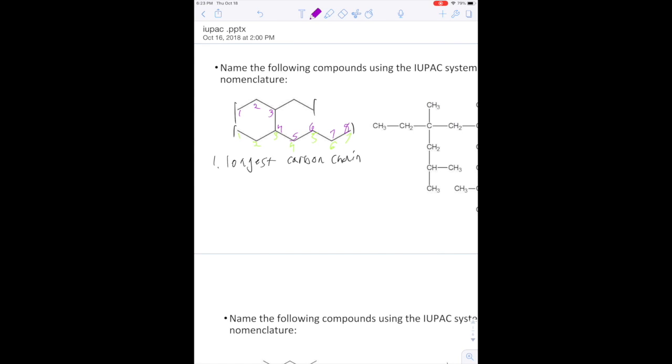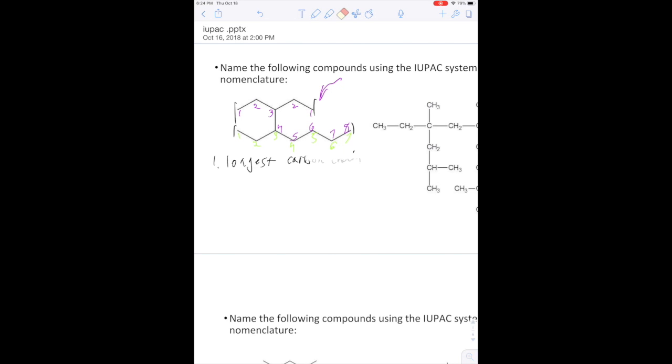And it does. Well, you must be asking, what about this corner right here? Can't you start numbering it from here to here? Yes, you can. If you do start numbering it from here to here, it won't change anything. It will just make the other chain the substituent. You will still get the same name. So both of these starting places are good to start.